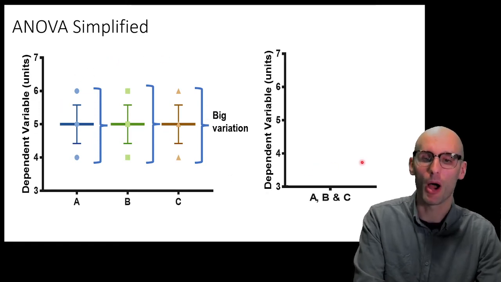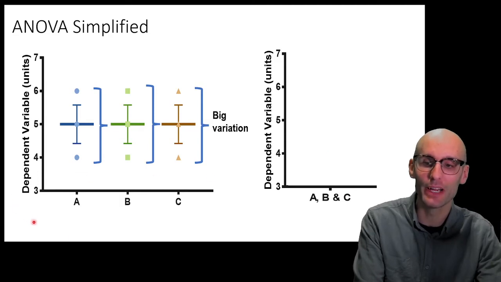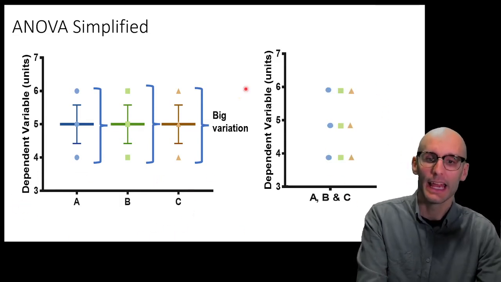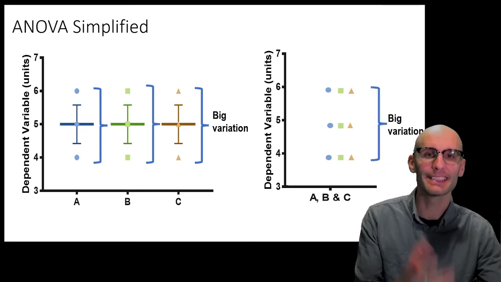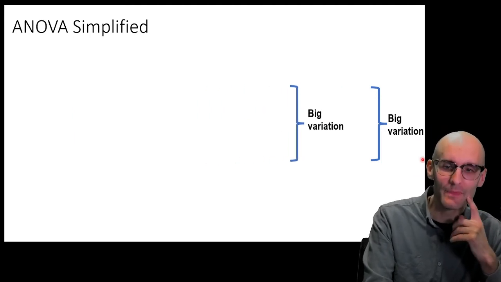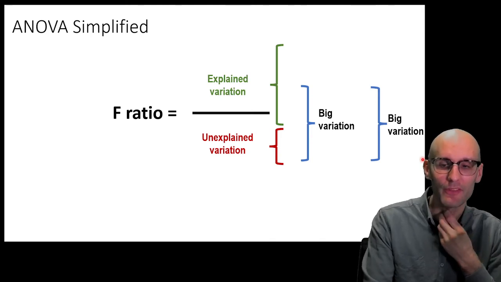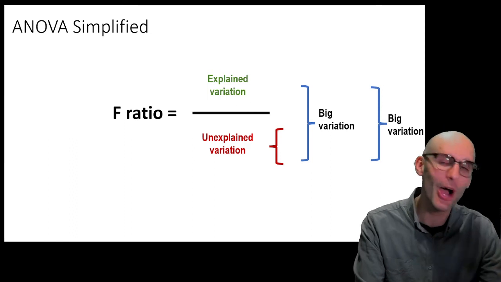Now, if we combine this data into a single graph, so we lump all that data together, we get rid of our explanatory variable down here and just lump all the data together. Here's our data here, and we can see we've got big variation. Now let's compare these variations here. So we combine them. Now we look for our explained versus unexplained variation to get our F ratio, and what you can see is that there's no explained variation.